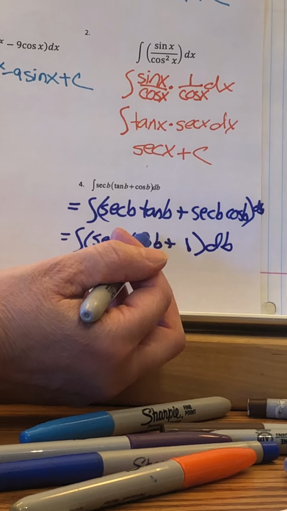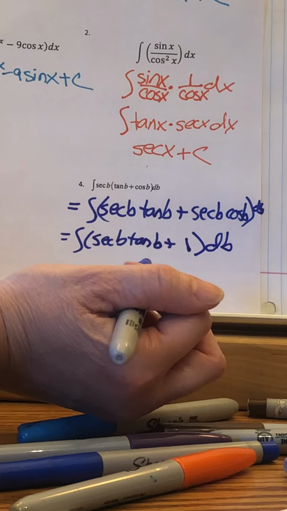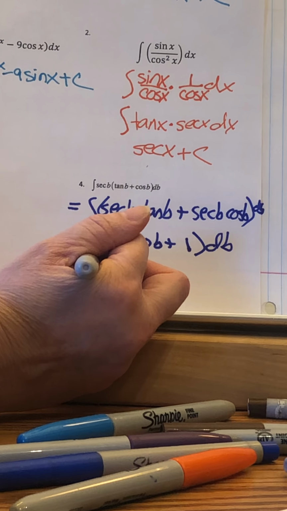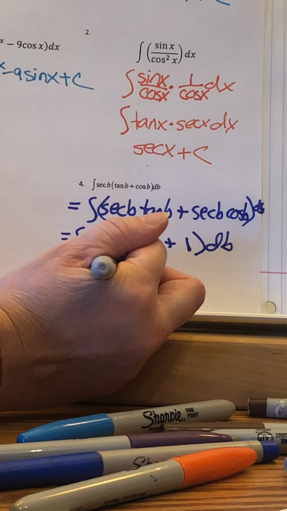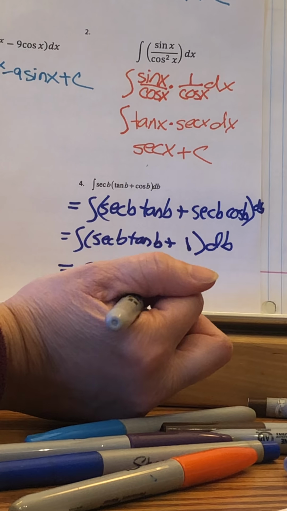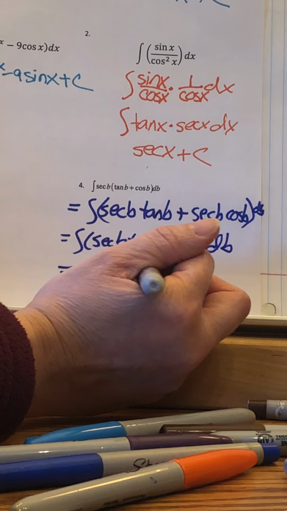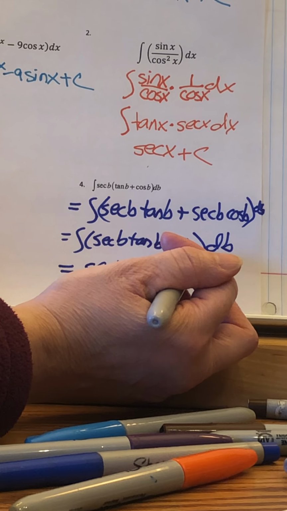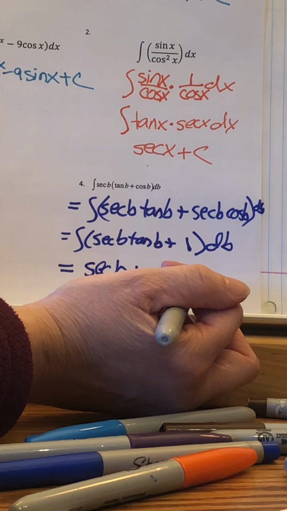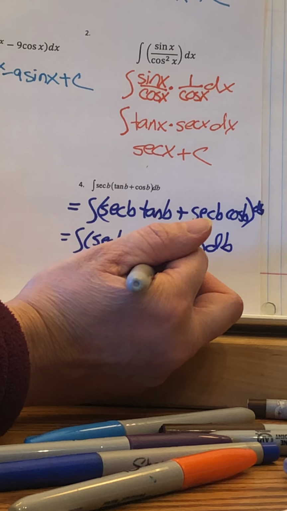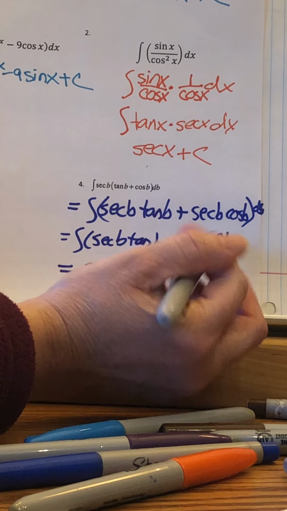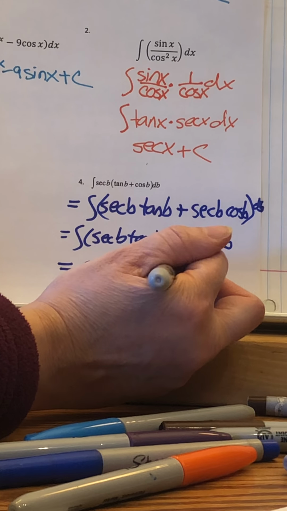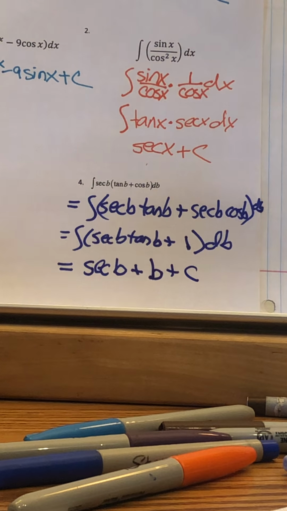The secant times the tangent goes to secant of b, plus the antiderivative of a 1. It's kind of like going backwards from the linear function x, but in this case it's b, because I'm integrating with respect to b. And then plus c at the end for my constant.